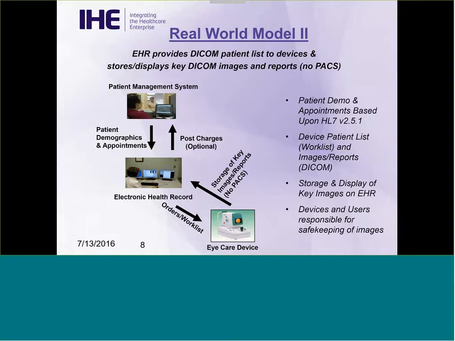Sometimes they would store data on a disk for a while, but then they might put it on a CD or another type of medium. But they have to have a strategy in how to keep their data in the long term. So what happens in Real World Model 2 is that strategy still has to be enabled. And so it's up to the devices and the users of the clinic to really determine how to safekeep the data relative to the eye care devices, because we have no PACS to do that.